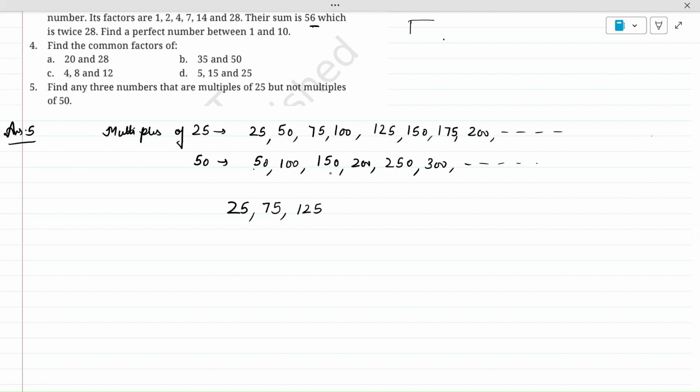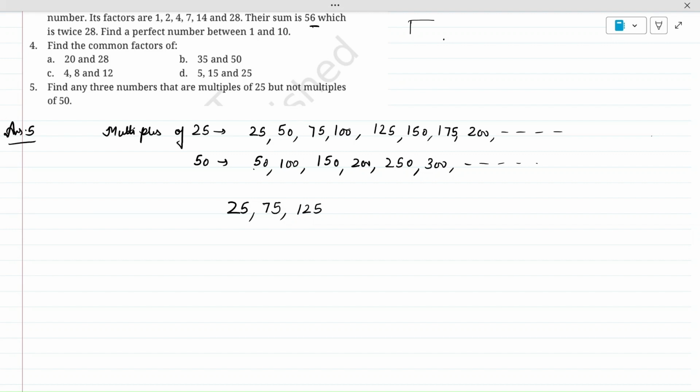What we have done is we have written the few multiples of 25 and few multiples of 50. And what we have to do is we have to find any three numbers that are multiple of 25 but not of 50. So the first number is 25 itself. It is not coming in the table of 50. And then the 50 is here in both. The very next number is 75, which is a multiple of 25 but not coming in 50.